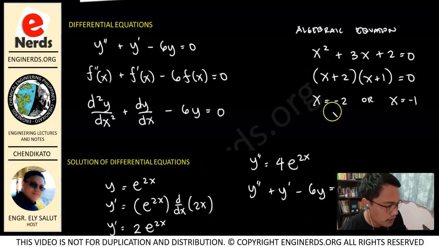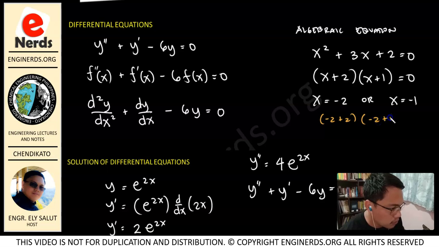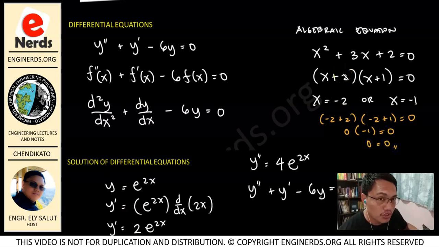For example, if our x is equal to negative 2, we have negative 2 plus 2 times negative 2 plus 1 is equal to 0. So negative 2 plus 2 will be equal to 0. So 0 times negative 1 is equal to 0. So we have 0 is equal to 0. This is how we check the solution of an algebraic equation.